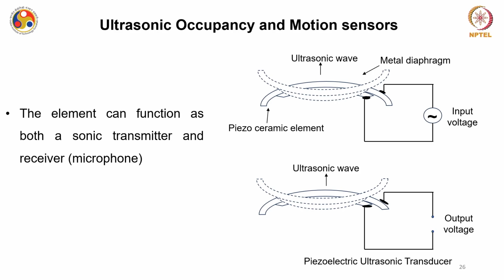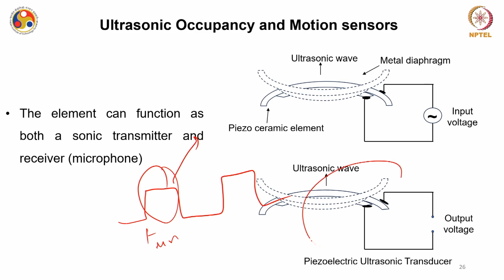And I also have mentioned that we are transmitting it in pulses. So if this is the pulse I am talking about, in this pulse width, say this is some microseconds, you are transmitting, so the same unit is transmitting the ultrasonic wave. While it will be off, that time it will be receiving this.